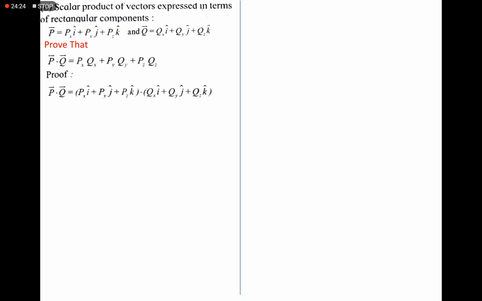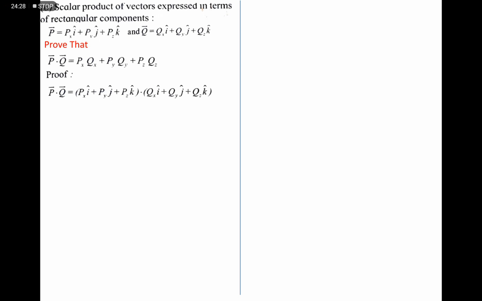I bar, j bar, and k bar are the unit vectors along the x-axis, y-axis, and z-axis. So for the dot product of these two vectors in the Cartesian coordinate system, we have to prove p bar dot q bar is equal to px qx plus py qy plus pz qz.